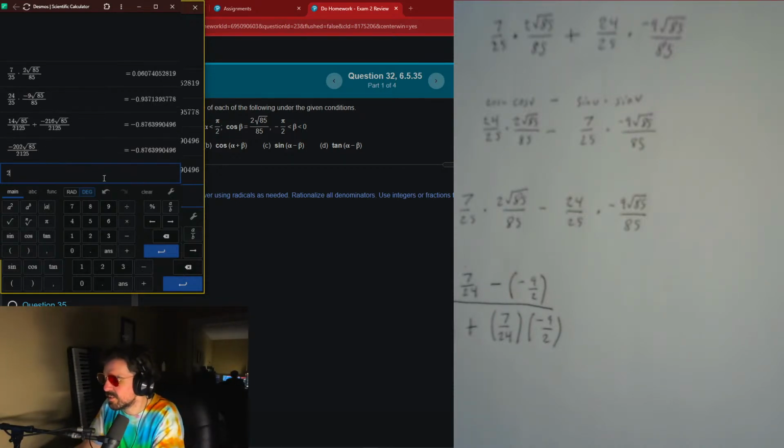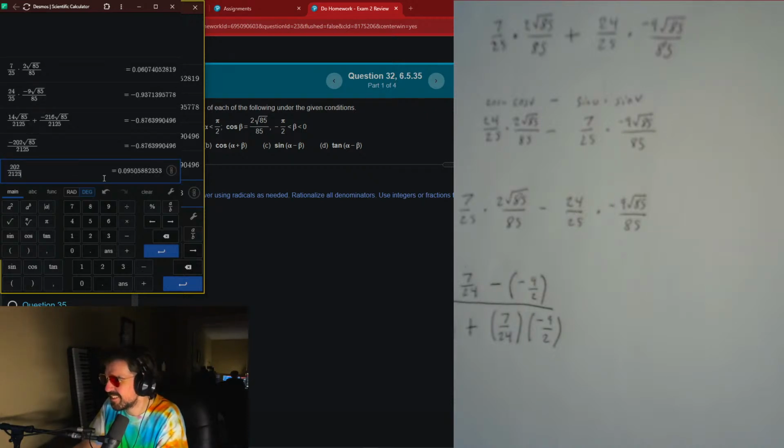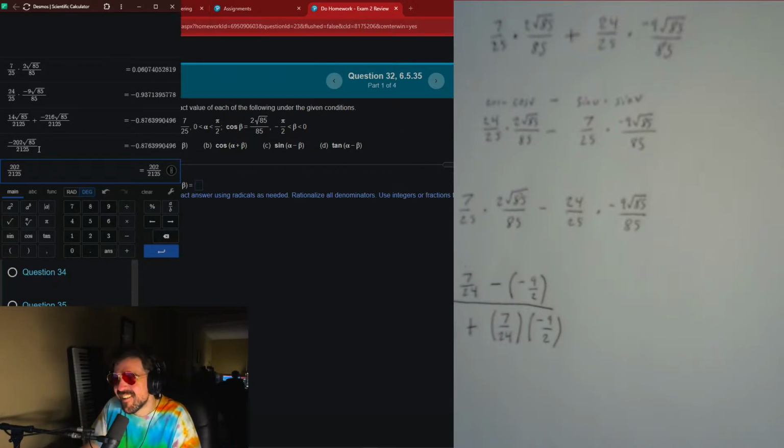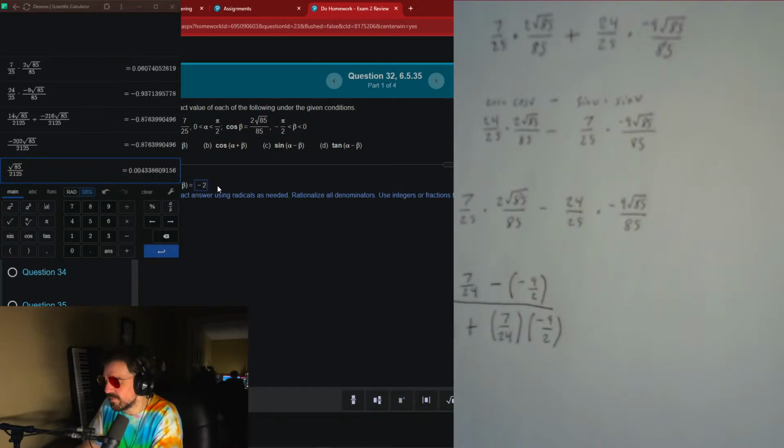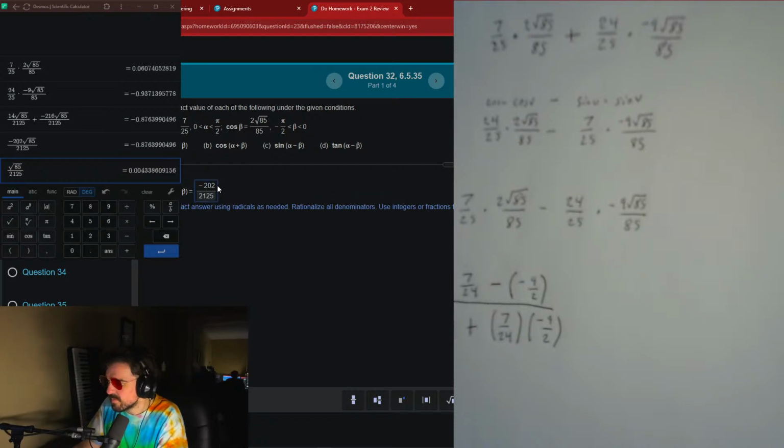And is 202 going to... It does not. All right, I believe we have the answer. This is the square root of 85. Let's see if that's right. I bet you it's not. Doesn't feel right.